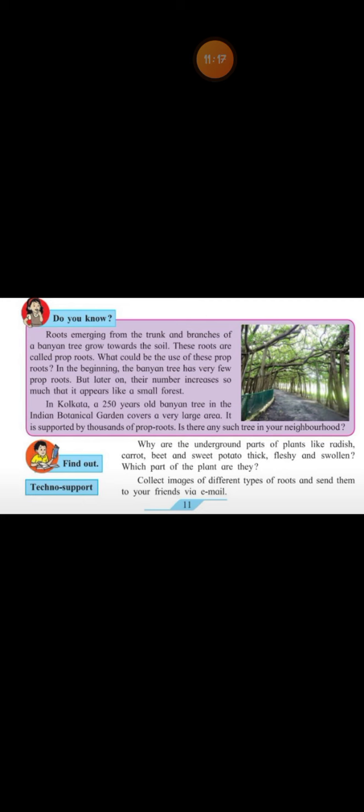Just imagine, children, the roots spread so fast that it appears as if it is a small forest. Fine. In Kolkata, a 250 years old banyan tree in the Indian Botanical Garden covers a very large area and it is supported by thousands of prop roots. Fine?